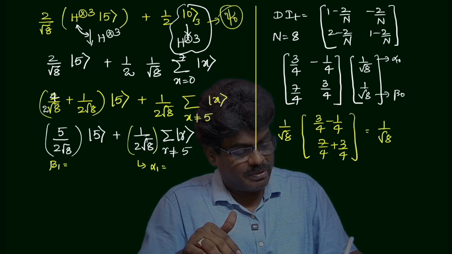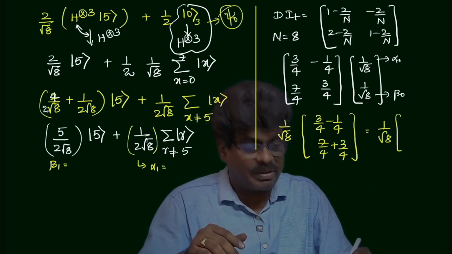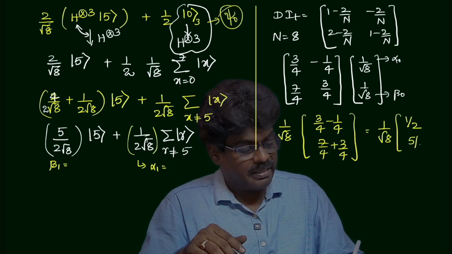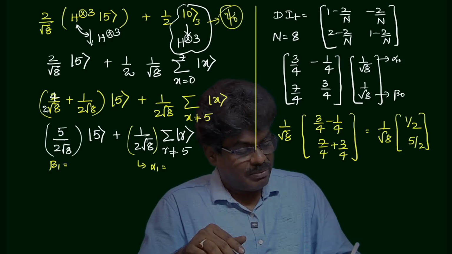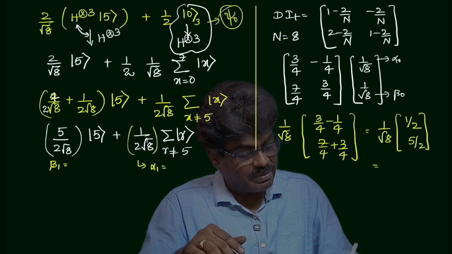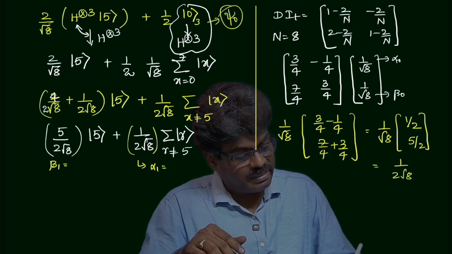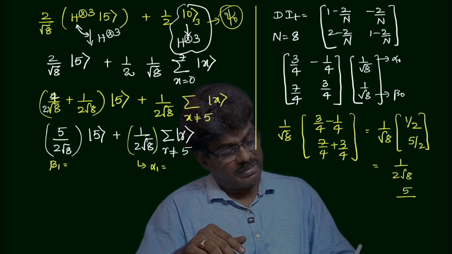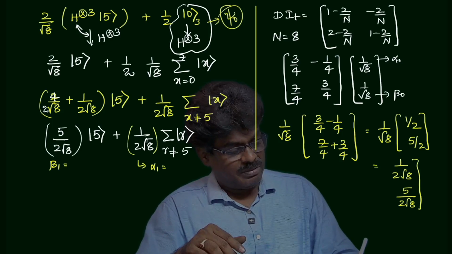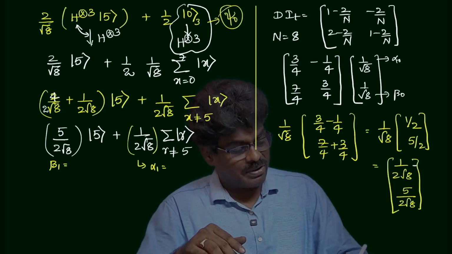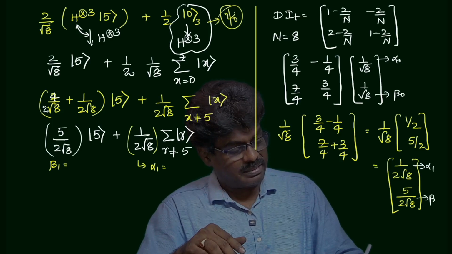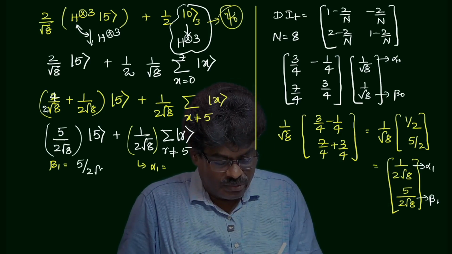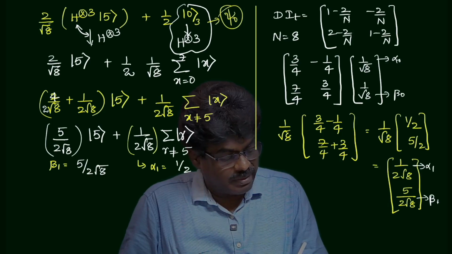So this is 1 over root 8, and this is 2 by 4, which is 1 by 2, and 10 by 4, that is 5 by 2. Now here we got alpha 1 and beta 1 equal to 1 over 2 root 8 and 5 over 2 root 8. So kindly check whether we got the same answer or not. Absolutely right answer. So this beta 1 is 5 by 2 root 8 and alpha 1 is 1 by 2 root 8.